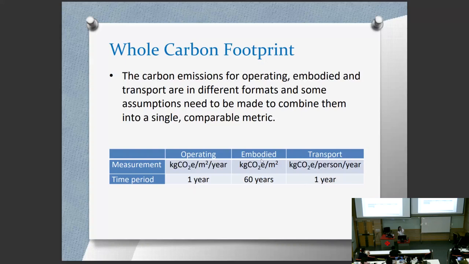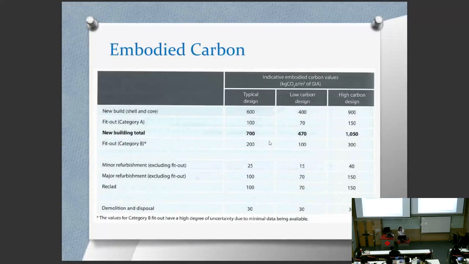In order to add them up, we also need to assume the lifetime of the building. So in the coming few slides, we assume that a building can last for 60 years. So the calculation would be something like this.